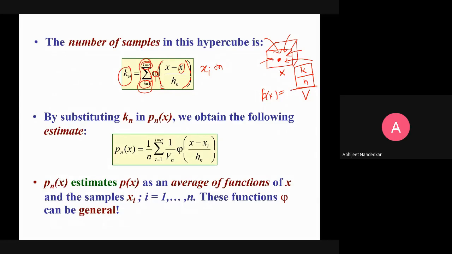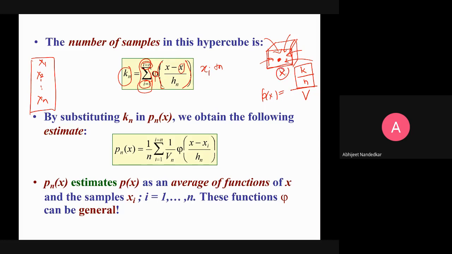So what is my target? Suppose this is x1, this is x2, up to xn. This is my list of training samples, and I have found this box in my space. This is my box around this sample x.